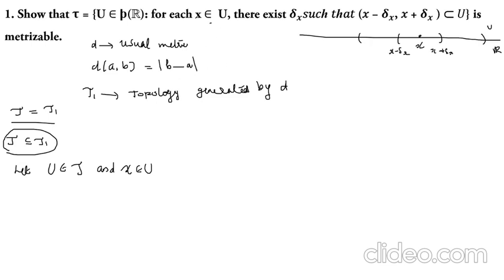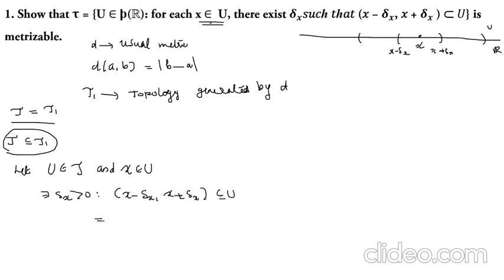That is, if you take any element x from U, there exists a delta_x greater than 0 such that the open interval (x minus delta_x, x plus delta_x) is a subset of U.